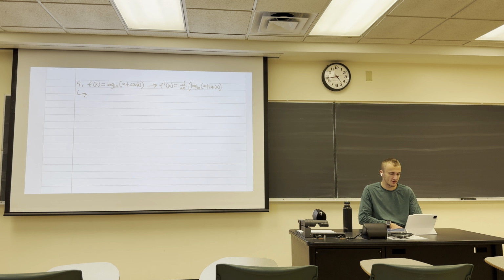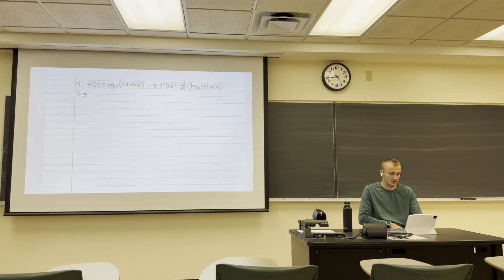For the next set of problems, we're going to differentiate. We have log base 10 that we're going to be dealing with. So this number 4, same instructions, we're just differentiating. This time we have f of x equals log base 10 of 2 plus sine of x. Well, we know f prime of x equals d dx of that whole term there.